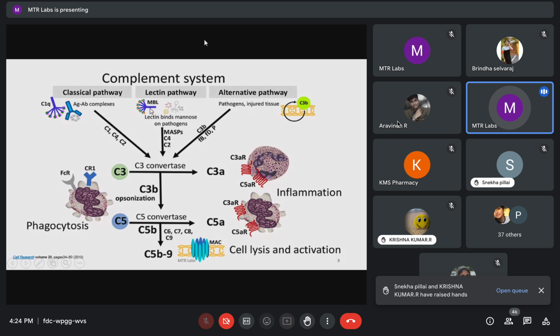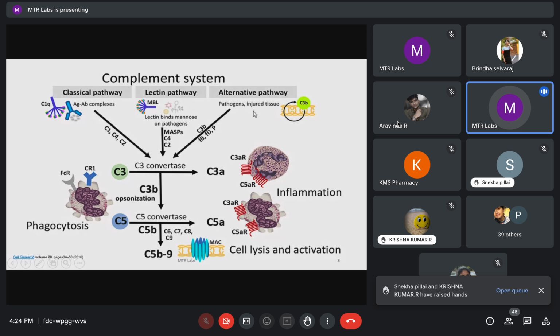In the lectin pathway, there is a mannose-binding lectin receptor which encounters the pathogenic carbohydrate motifs and then activates the serine proteases. Proteases are again enzymes which help in cleaving protein structures, or the carbohydrate structures present in the pathogen.